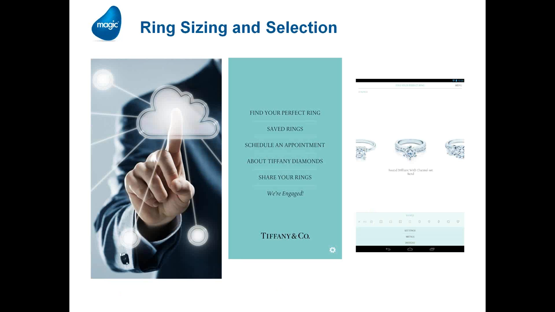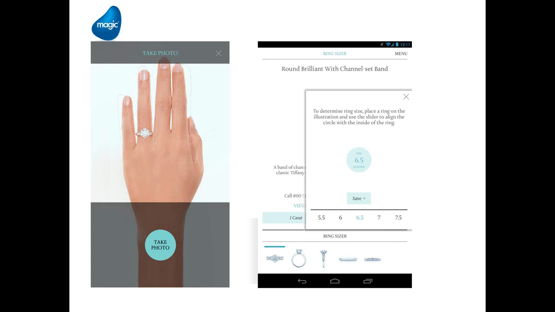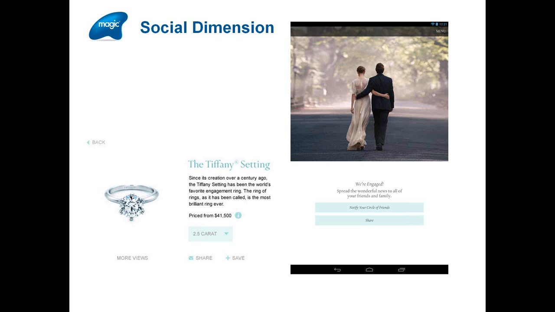Well, let's look at an example of that in the jewelry segment. This is Tiffany & Company's engagement ring application. What's neat about it is you take a photo, you get a ring size, you can look through products, and you can choose, we chose this beautiful $41,500 engagement ring.